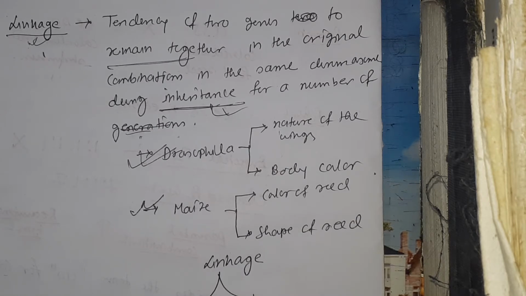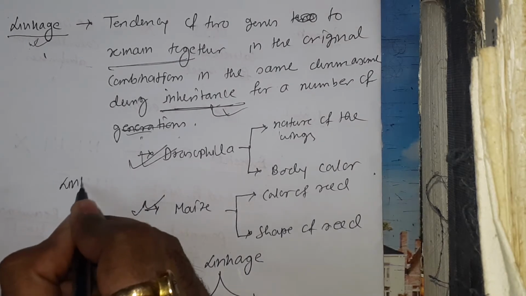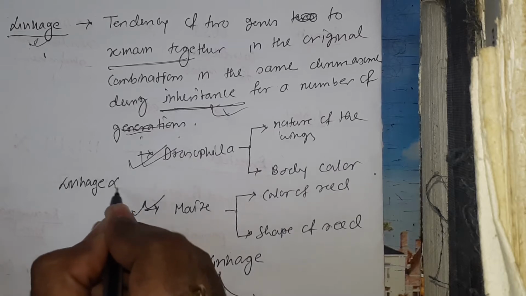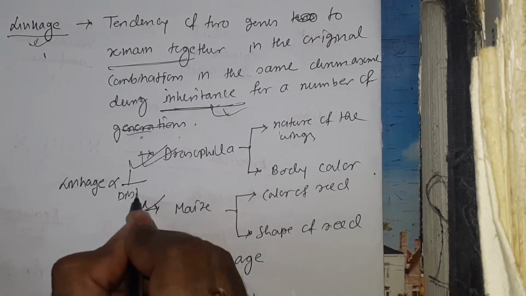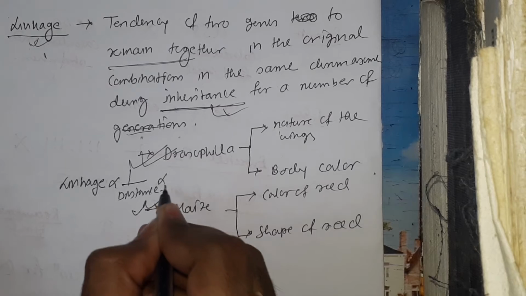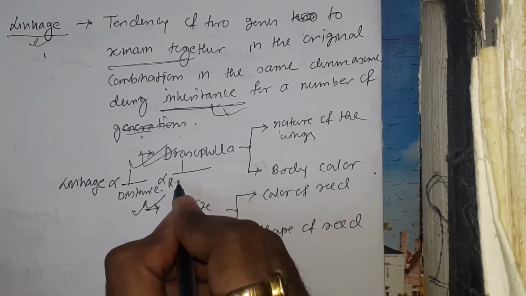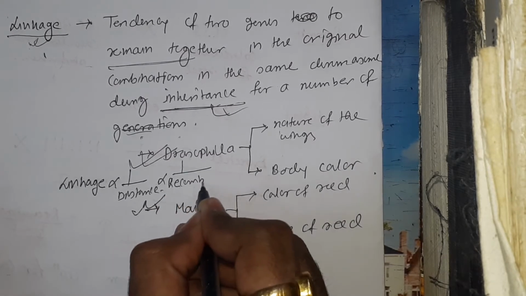That means linkage can be between any two genes that are located in the same chromosome, and the distance between them will be small. So linkage has a relationship with distance that is inversely proportional. Similarly, linkage will always be inversely proportional to recombination frequency.